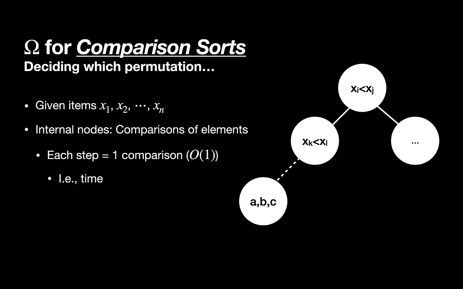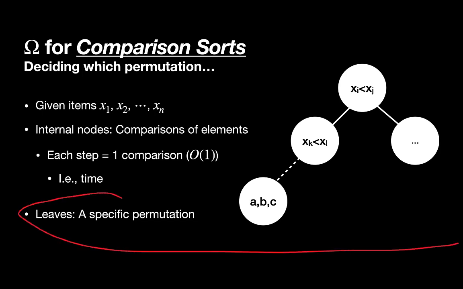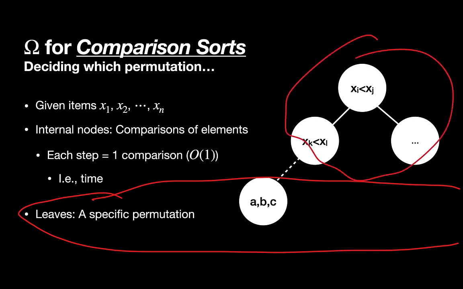Okay, so we've also got the leaves on our tree at the very bottom. Here it's depicted with ABC representing one of the possible permutations. So leaves of this tree represent a specific permutation. So the entire set of leaves across the bottom of this tree represents the permutations. All of these internal nodes represent a comparison.